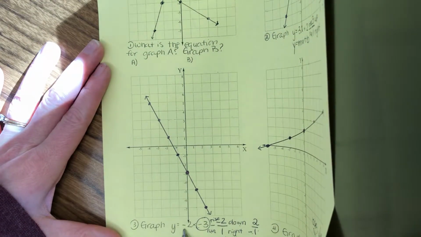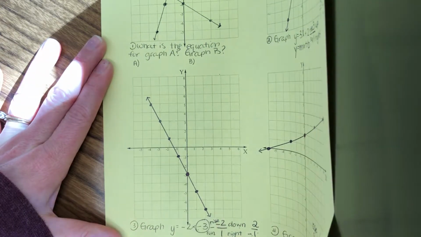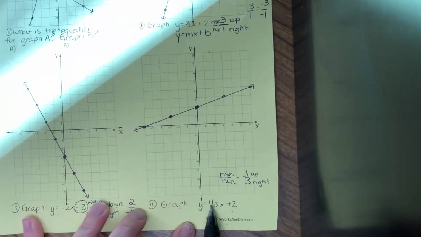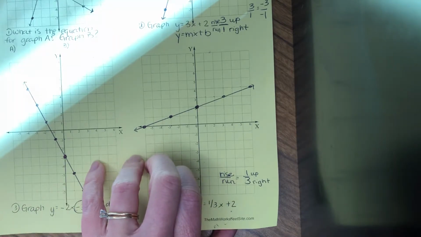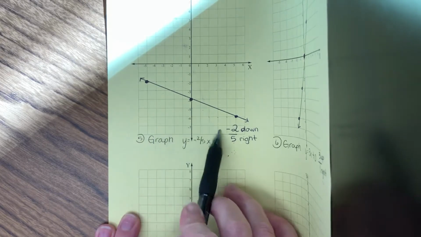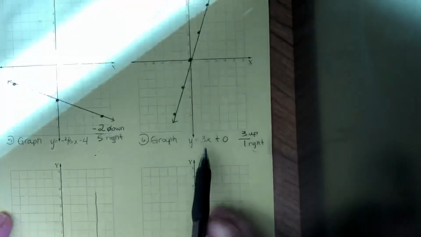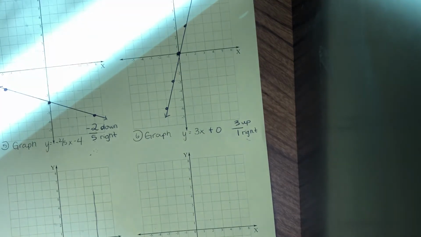Number 3 is a negative slope, so my graph should be going down, and it is. Number 4, positive, it's going up, good. Number 5, negative, it's going down, good. Number 6, positive, and it's going up, good. So that's a really quick way to make sure you at least got your graph going in the correct direction.